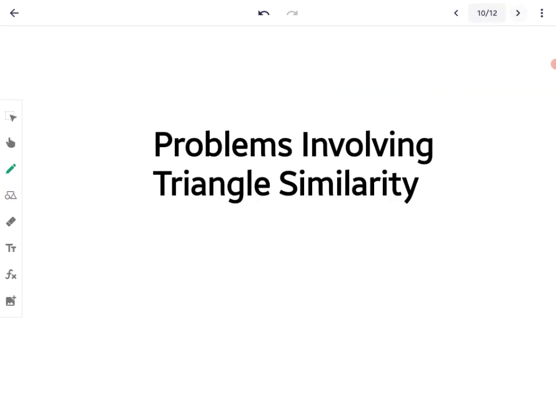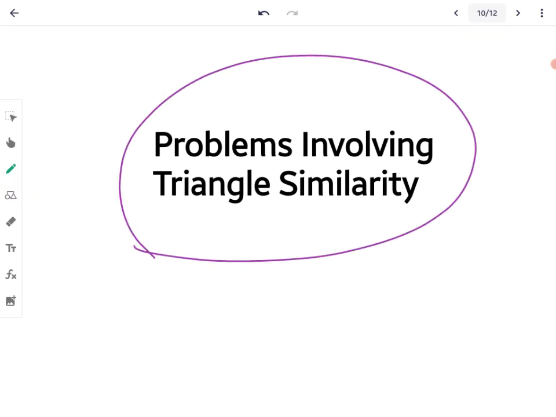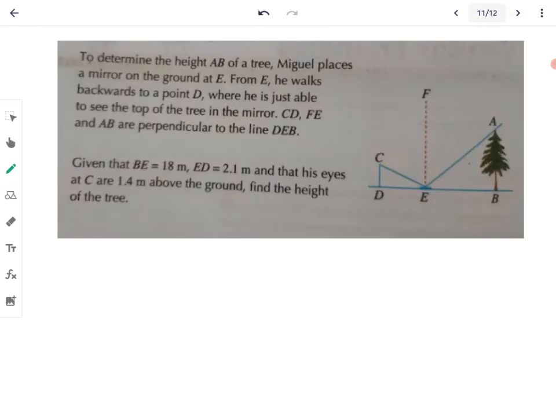Next is we're going to try some problems involving triangle similarity. We have here, to determine the height AB of a tree, Miguel places a mirror on the ground at E. There, the mirror is in E. From E, he walks backwards to a point D, where he is just able to see the top of the tree in the mirror.